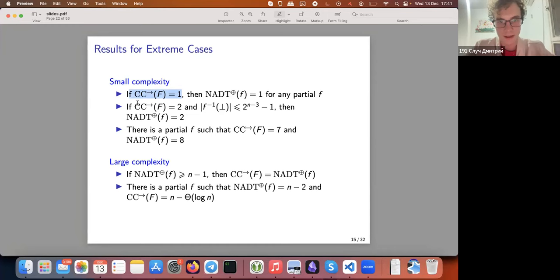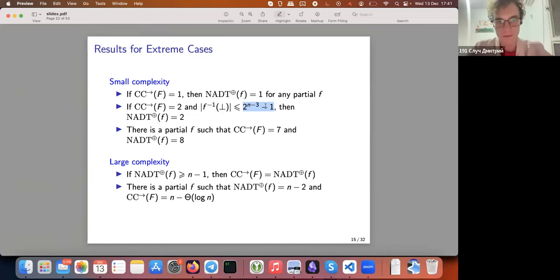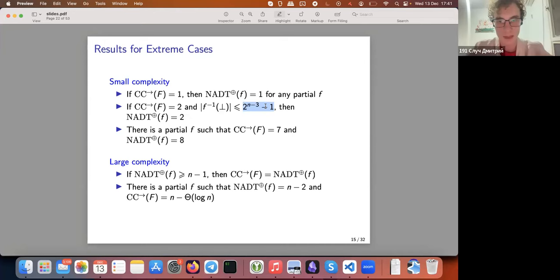In the second line, we got rid of the division by root of n. The idea is to consider only functions with very small one-way communication complexity. If it is 1 or 2, then you can claim something which doesn't follow from the previous, something a bit better.